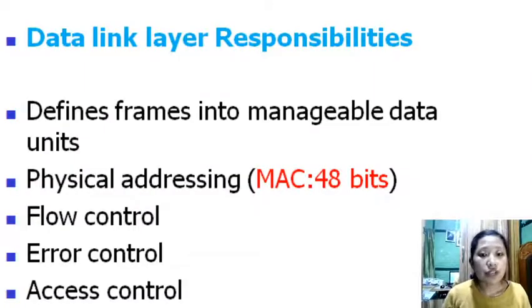The next function of the data link layer is error control. Error control in the data link layer means that, using this mechanism, the receiver will be able to figure out whether the frame it is receiving was damaged during transmission or not.